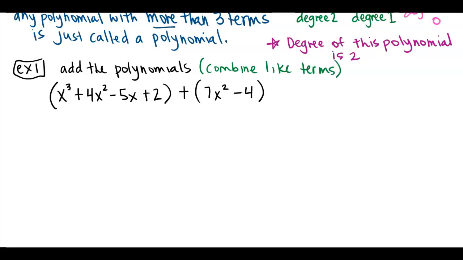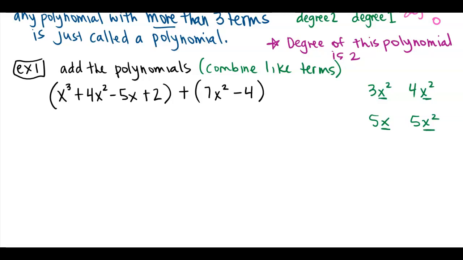By like terms, that's like if I had 3x squared and 4x squared, they have the same variable with the same exponent on it. That's what makes it a like term. If I had 5x and 5x squared, I can't add those together because they're not like terms.